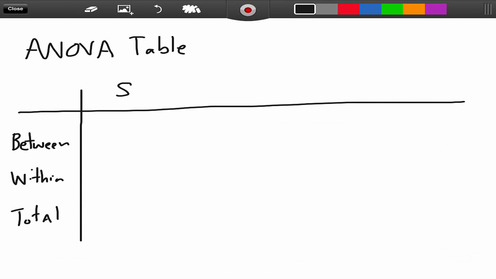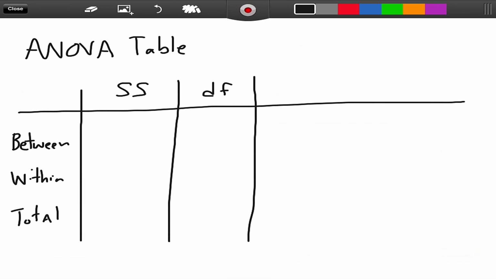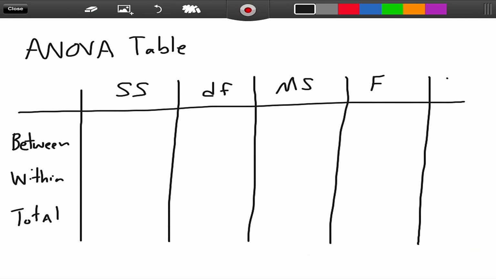We'll look at the sum of squares, the degrees of freedom, and the mean square. That will create the F statistic, and ultimately we'll create the p-value. So let's do that.